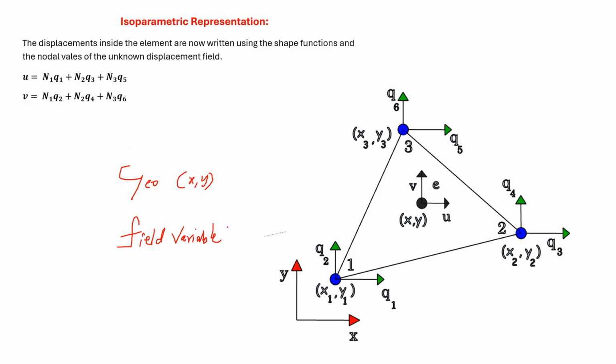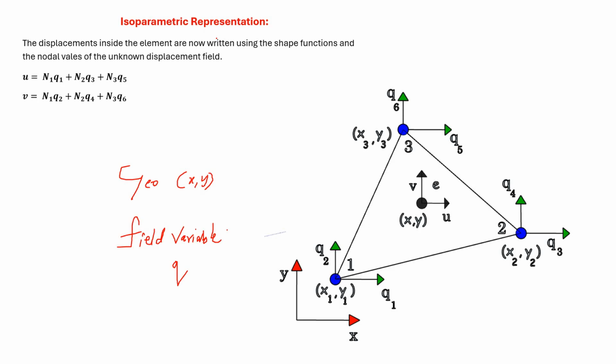Here the field variable is the displacement q. So you can see that we are using n1, n2, n3 for defining x1, y1, x2, y2, x3, y3, and also we are using the same shape functions n1, n2, n3 for defining the unknown displacement field. So this formulation is called isoparametric representation.